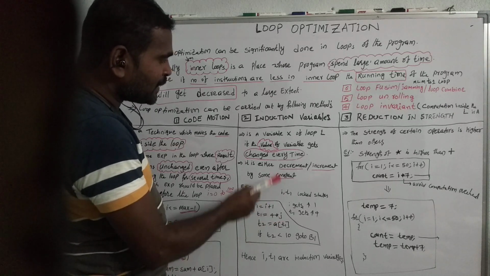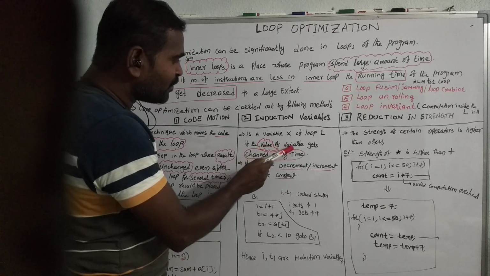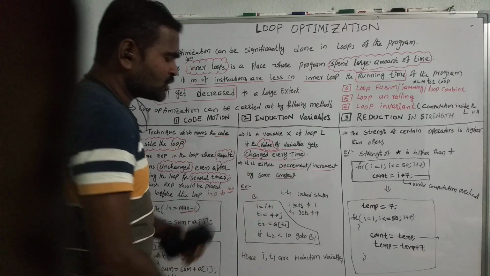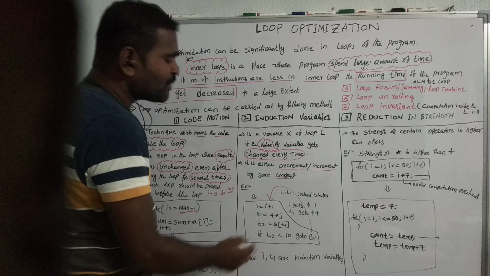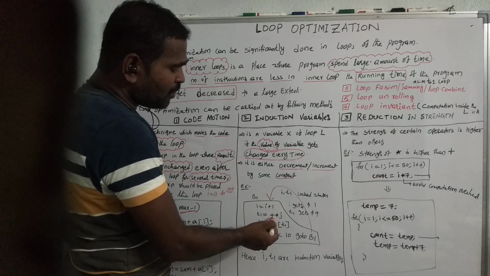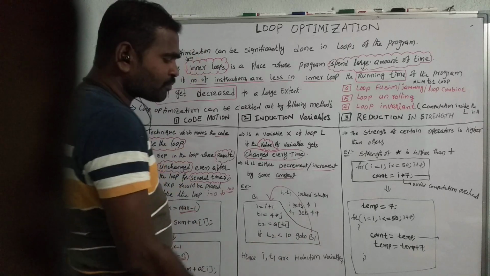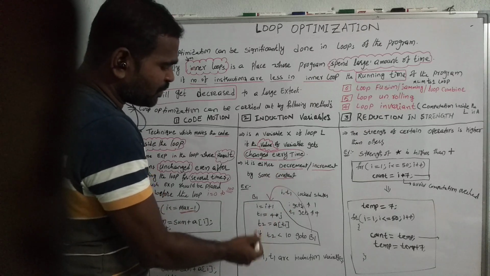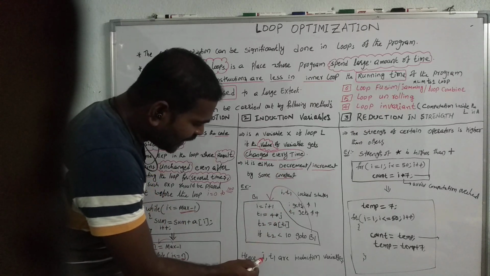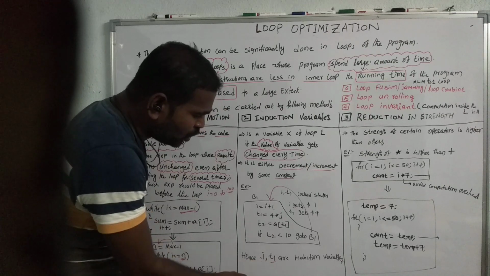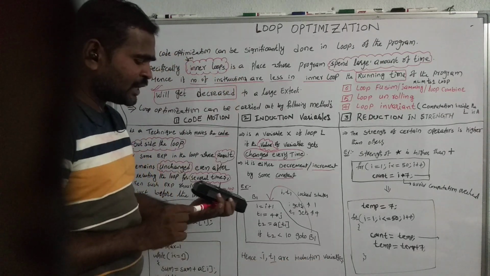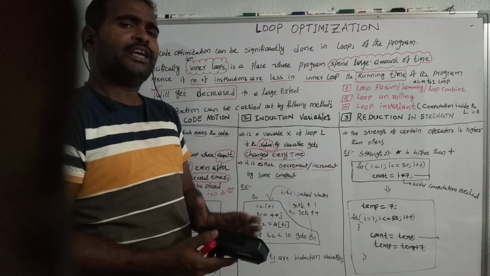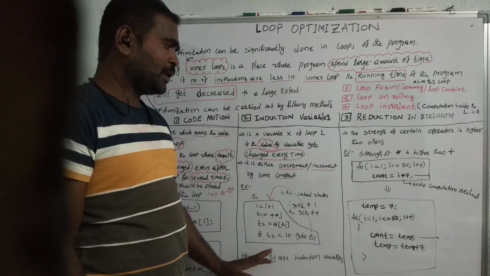So in every iteration that value is incremented in this code. Hence the variables I and t1 are induction variables. An induction variable means a variable that gets changed every time, either by increment or decrement.